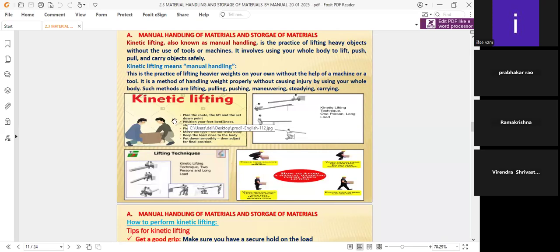Kinetic lifting also applies where the length of the object is the issue, not the weight. The weight is within the limit, but the length is more. So first lift it and put it on a block, and lift it slowly. It will be pushed to the body, then the shoulder, and then it will be taken care of.